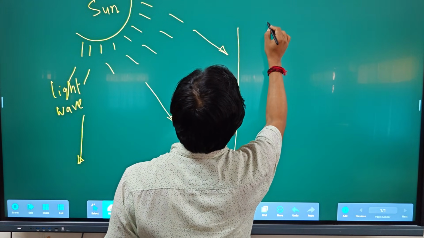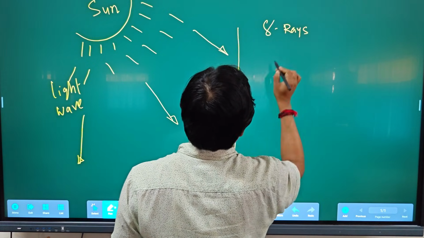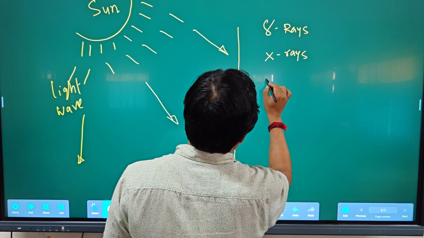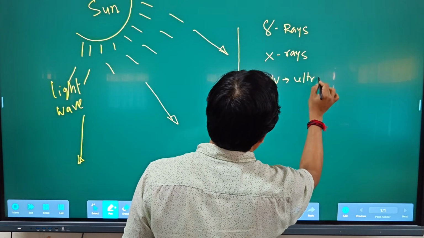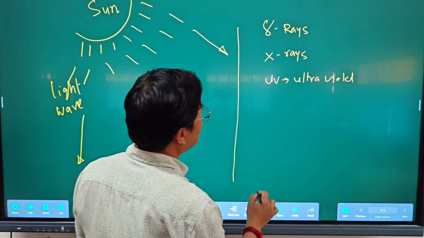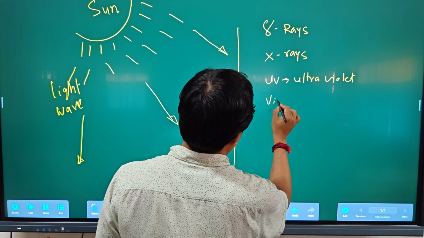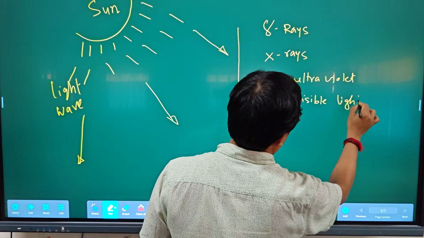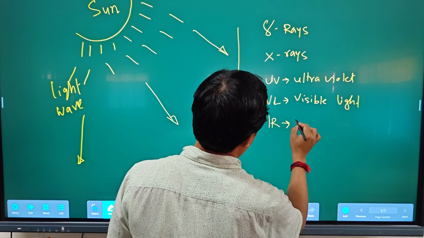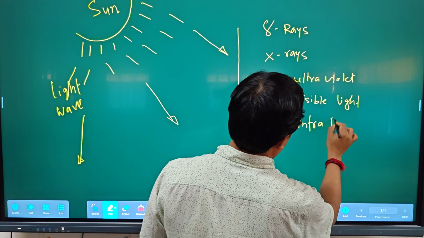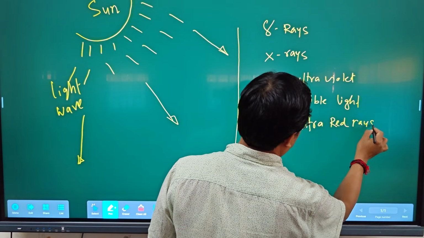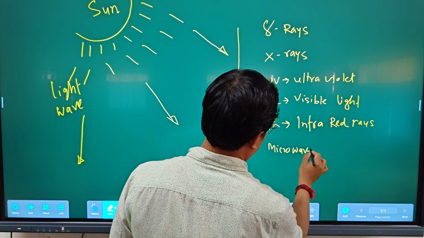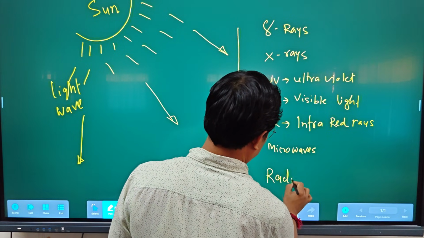First we have gamma rays, we have X rays, we have ultraviolet rays, we have visible light, we have infrared rays, we have microwaves, we have radio.